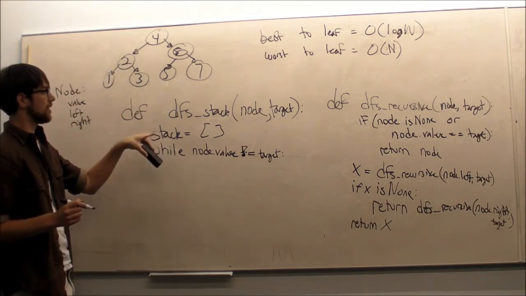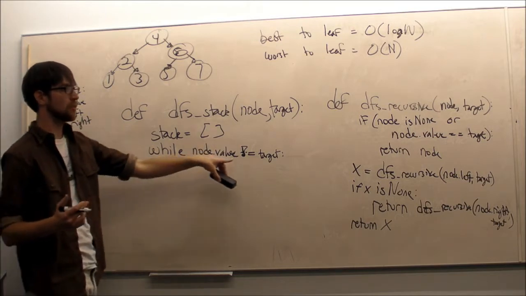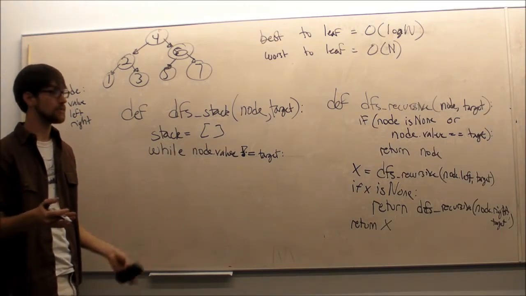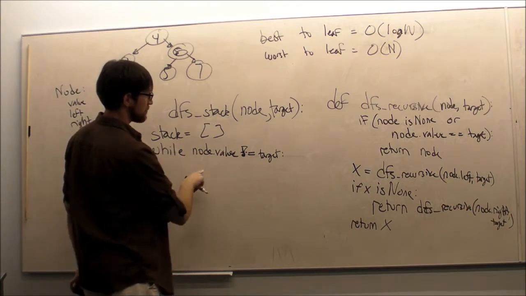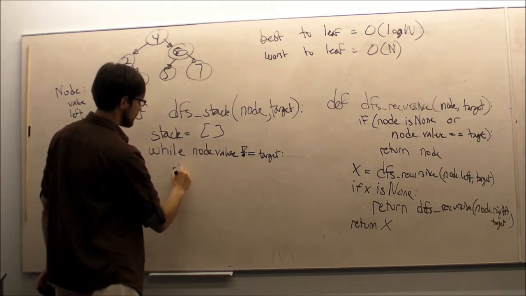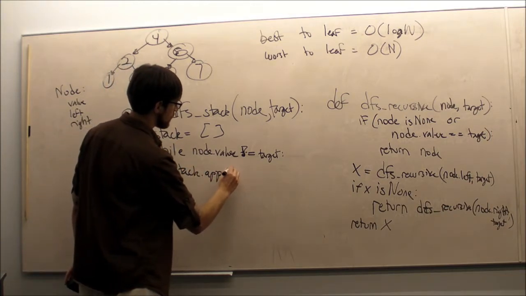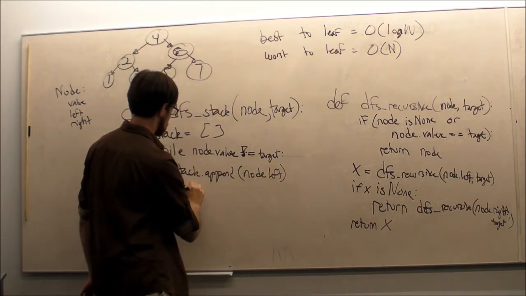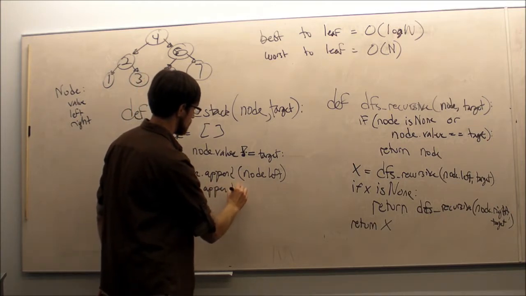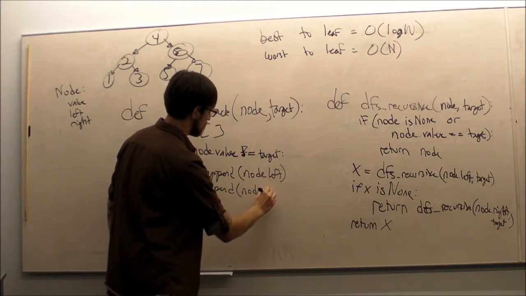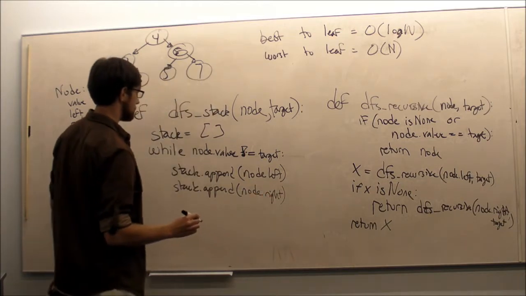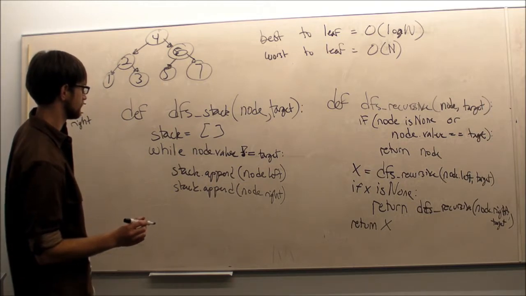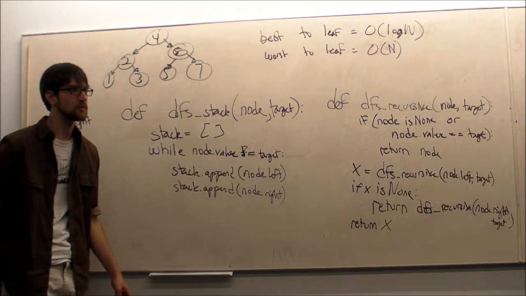If we have some variable called stack, and we know we'll visit both of the children if we don't find what we're looking for, we can then add both of the children to the stack. We'll hit a bug in a minute, but we'll fix it when we get to it.